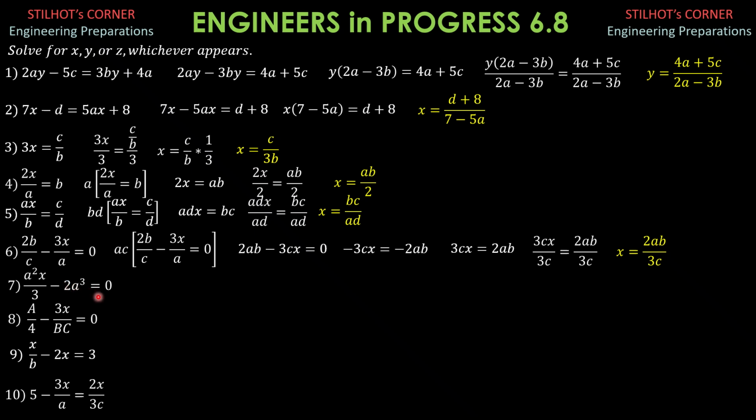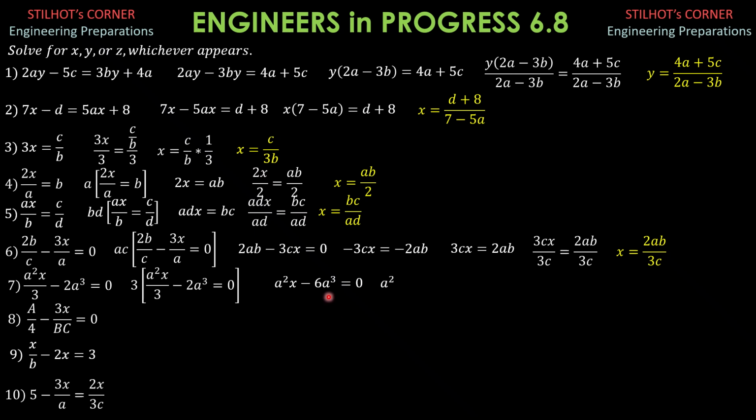Here the LCD is 3. Multiply everything by 3. So this becomes a squared x, then minus 6a cubed equals 0.